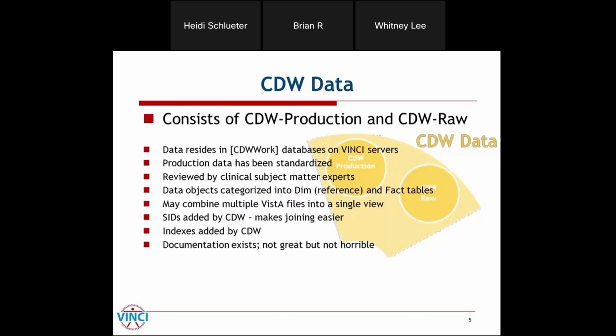The distinction here is that anything that is a DIM table will be any kind of reference data or metadata, and then the fact tables are where the actual patient data is. The data here will combine multiple Vista files into a single view many times. And then SIDs or station identifiers are added by CDW to make your SQL joins easier. There are indexes that are added by CDW. There's documentation. It exists. It's not always great, but it's not horrible.